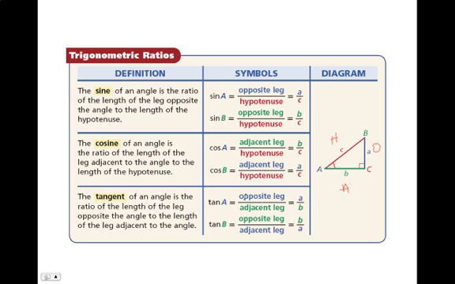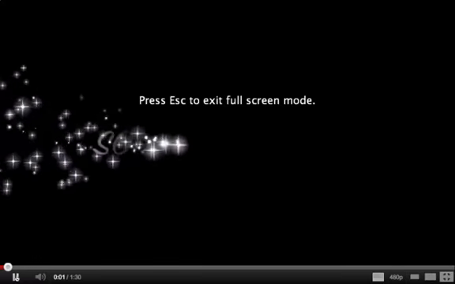And the tangent of angle A is the opposite over the adjacent. If you can identify the reference angle, label the opposite side, the adjacent side, and the hypotenuse, and then remember these trig ratios, you can't miss. It's easy from there. But if you're having a hard time remembering these ratios, take a look at this video. It might help you remember.